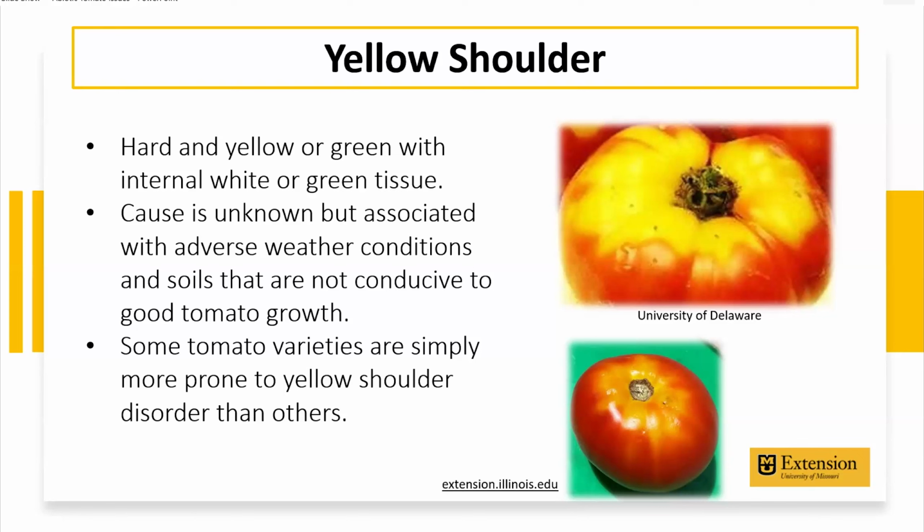They're not 100% sure what is associated with this as far as what specific adverse weather, but it does occur. There are some varieties that are more prone to having yellow shoulder disorder than other varieties. So take note if you've got a specific variety and it's got yellow shoulder showing up, you may not want to grow that in your garden, perhaps in the future.